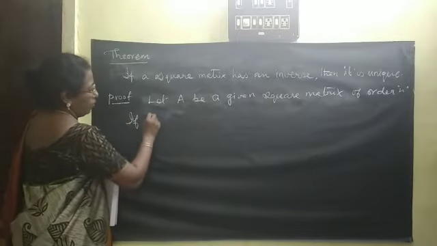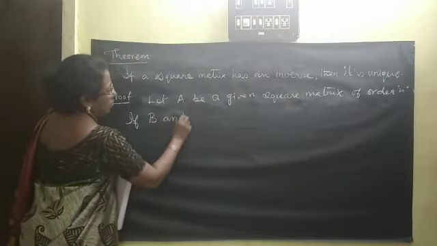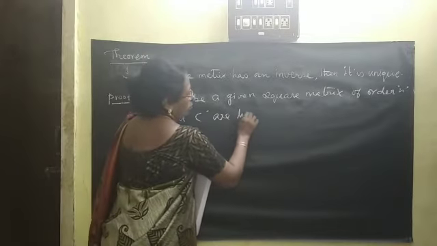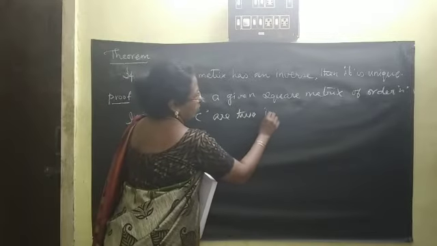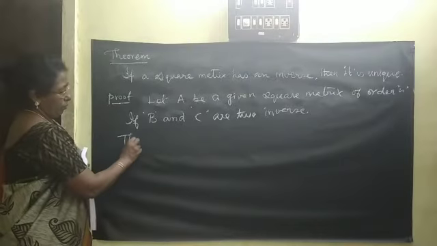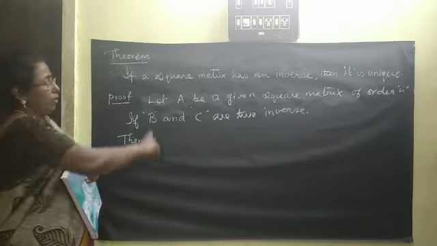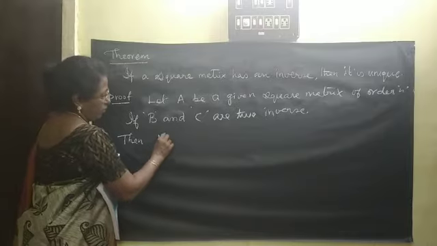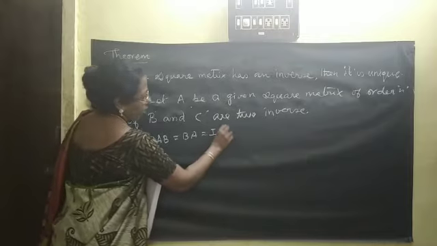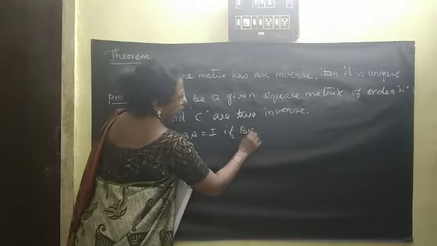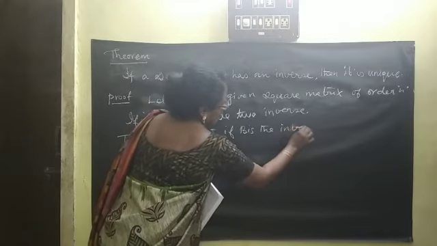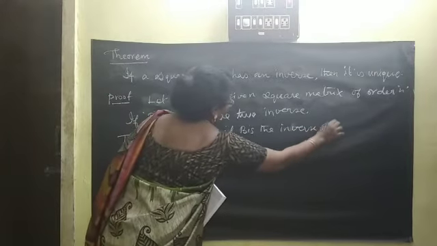If B and C are two inverses, then what is the condition? AB is equal to BA is equal to I, if B is the inverse of A.